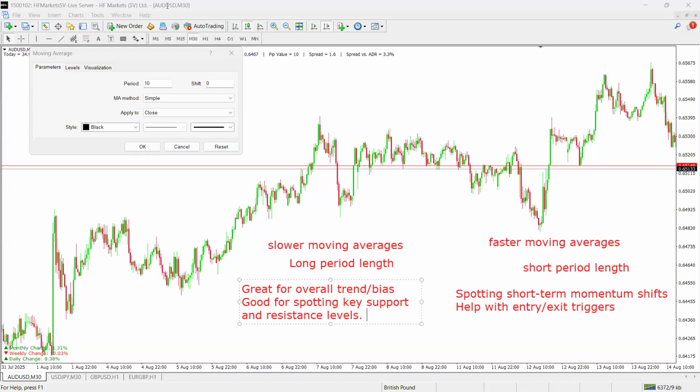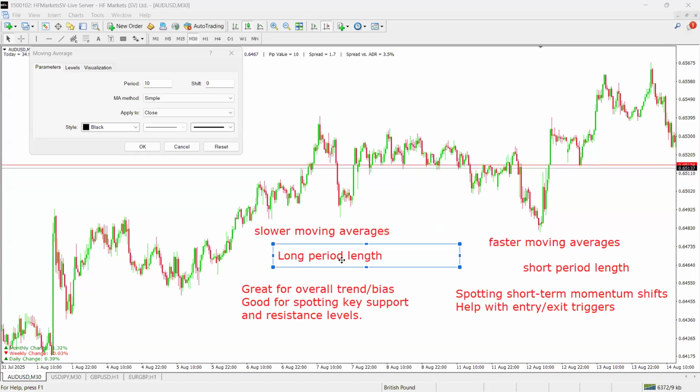So now, it means there's clearly a difference between this guy and this guy. Like I said, longer period lengths would be like 50, like 100, like 200, right?